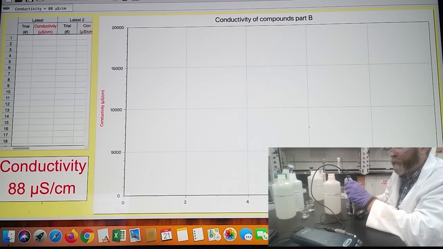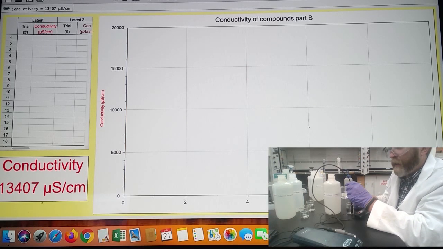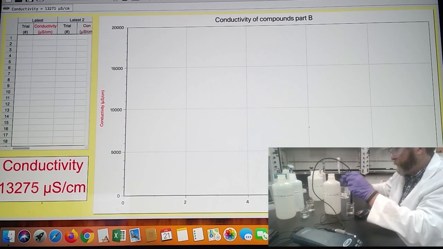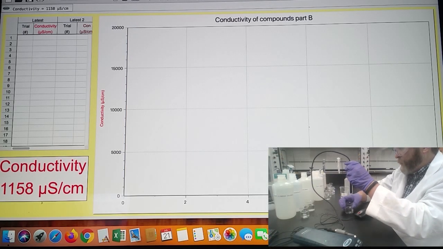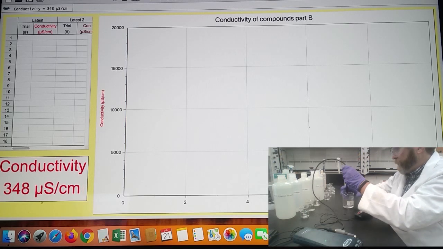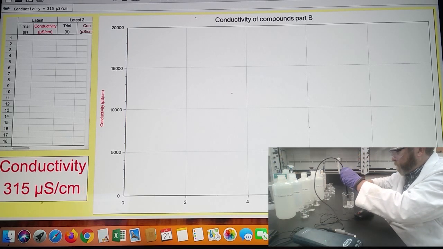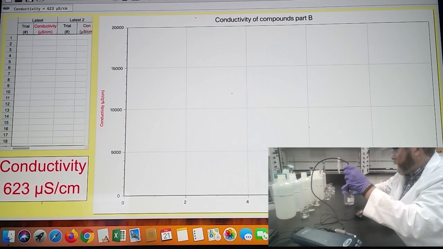Put it in our beaker, and make your reading. Okay. Rinse again. Our fourth substance.